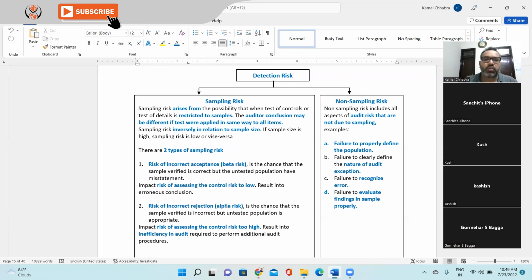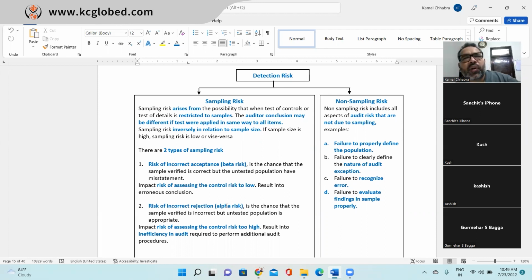The audit conclusion may be different if tests were applied in the same way to all items. That means the risk is that if you applied the same methodology you have tested in the sample to the whole population, then your result would be different. That means what you are testing in the sample, there might be two possible things.